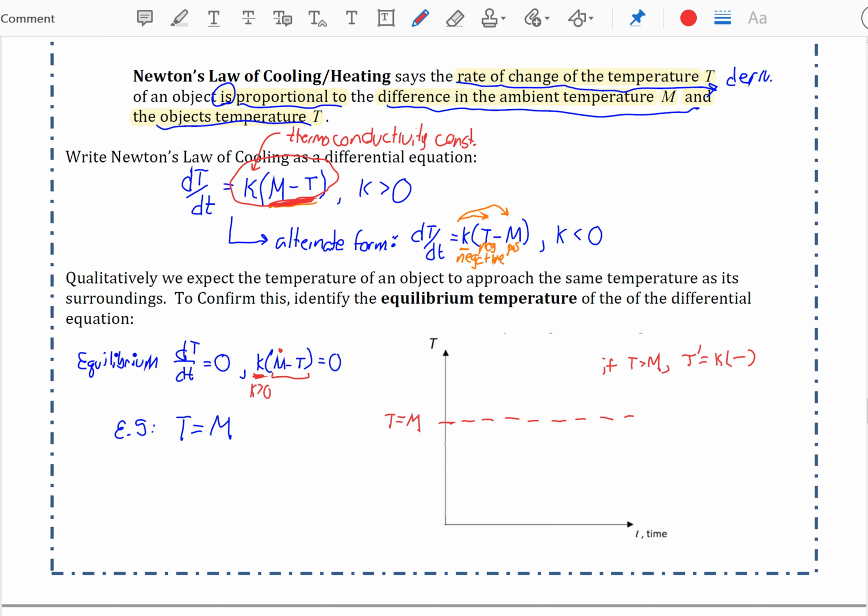So if K is a positive number and this is negative, then your derivative will be less than 0.